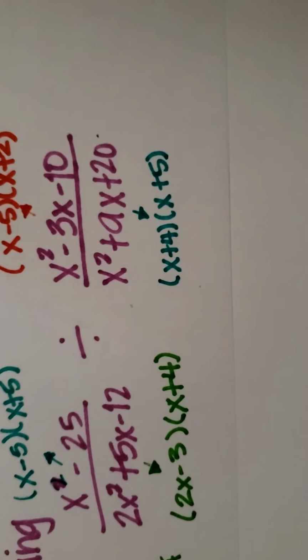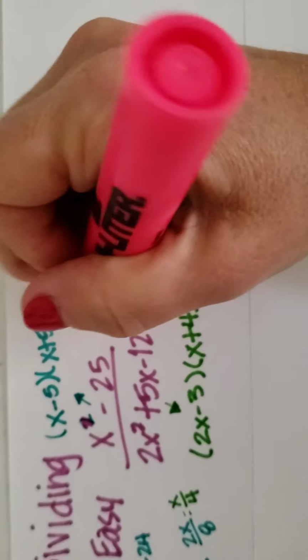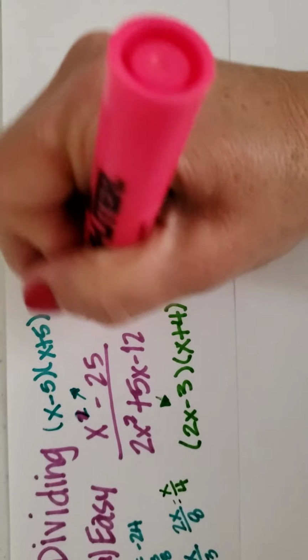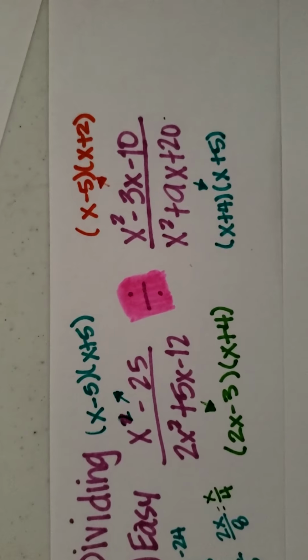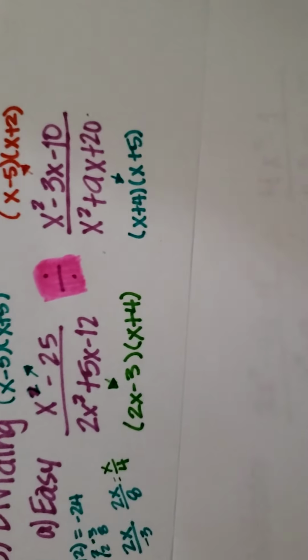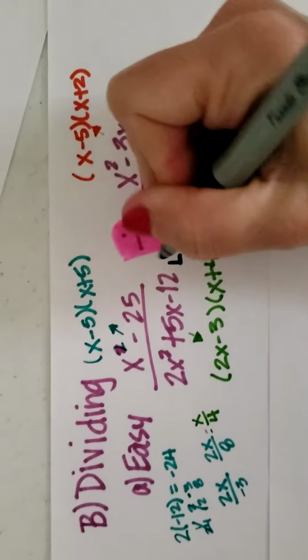Now, here's something really important we need to remember when we are dividing. I want you to see this is a division. Any type of fractions, they always follow the same rule. We leave the first term just like it is.